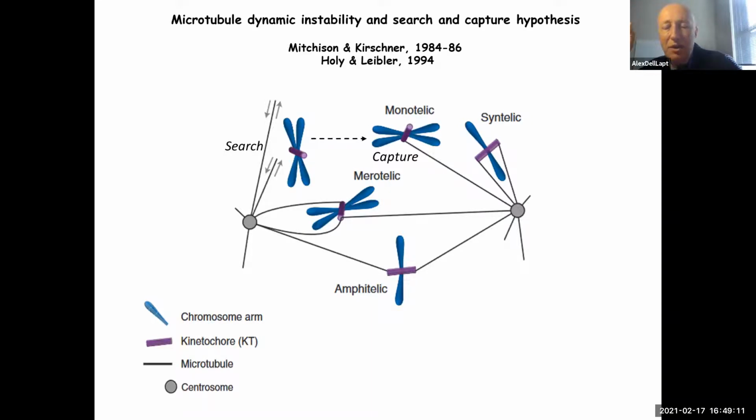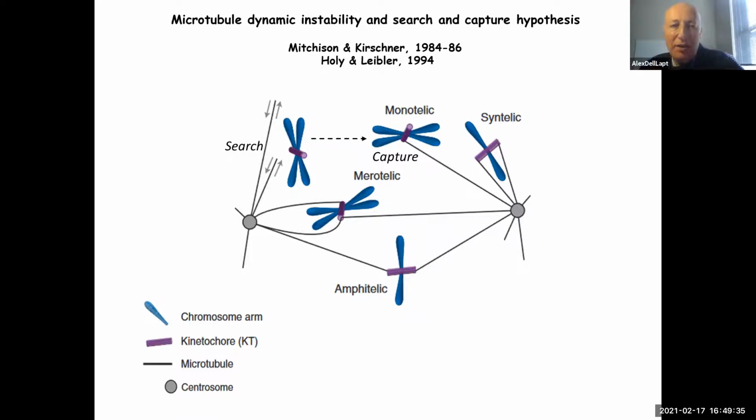There's one erroneously segregated chromosome per 10,000 divided cells in our body. Considering that there are tens of chromosomes in one cell, it's roughly one per million error, which is just stunning if you consider how this process is going.